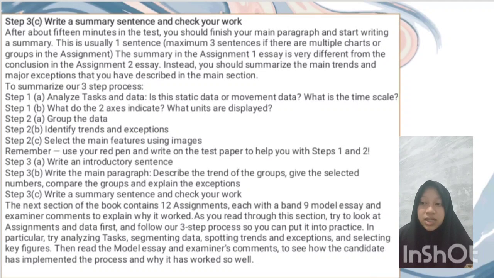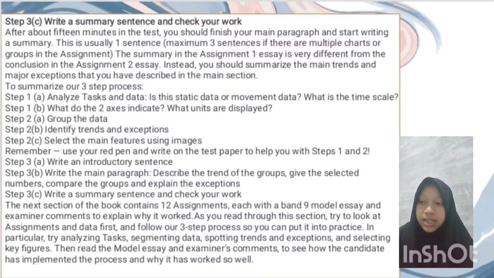The next section of the book contains 12 assignments, each with a band 9 model essay and examiner comments to explain why it worked. As you read through the section, try to look at the assignment and data first, and follow our 3-step process so you can put it into practice.